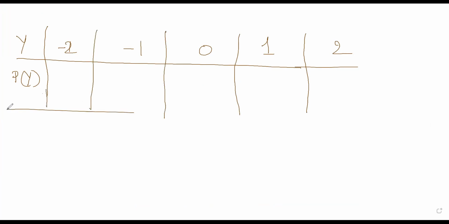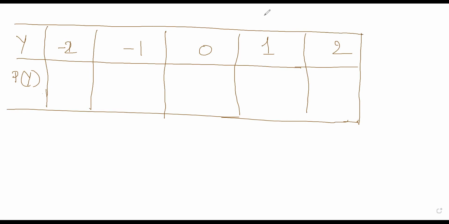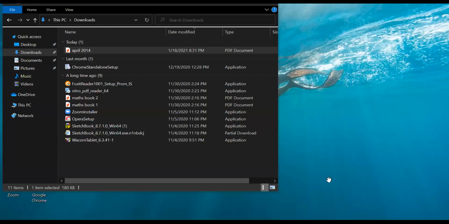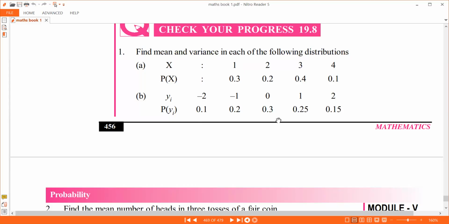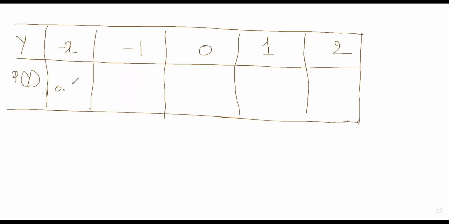Now we have to find the values of p of y. So the values of p of y are 0.1, 0.2, 0.3, 0.25, 0.15.